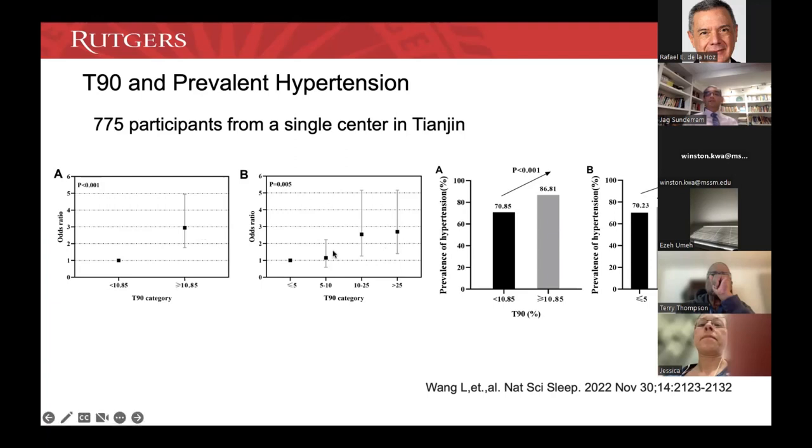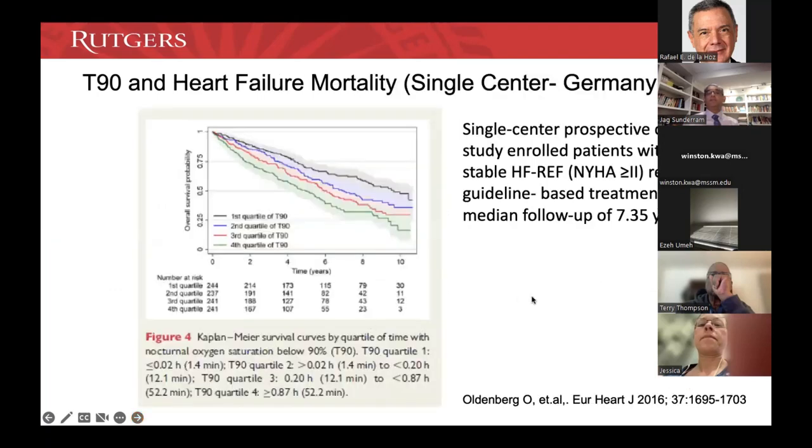And there seemed to be a linear relationship with increasing time below 90%, shown in both these two figures. So it seems to suggest that clearly hypoxia plays a very important role for prevalent hypertension.